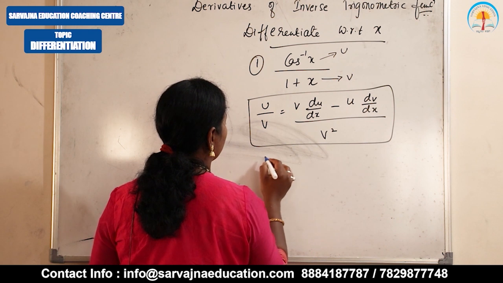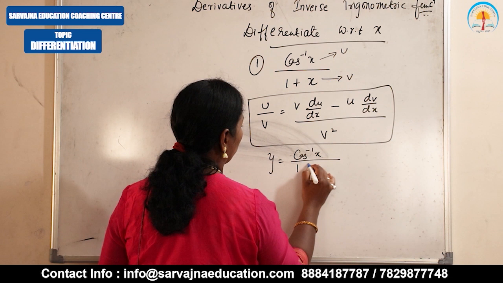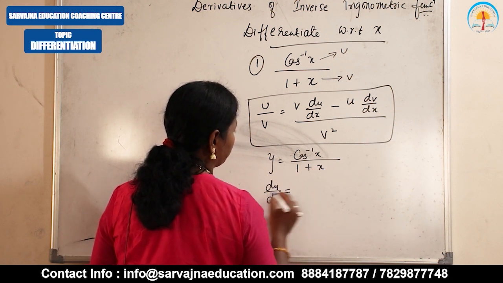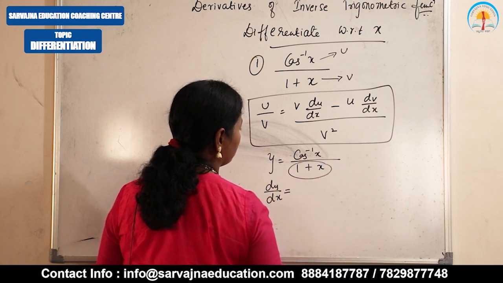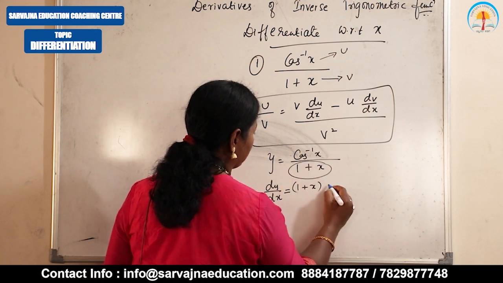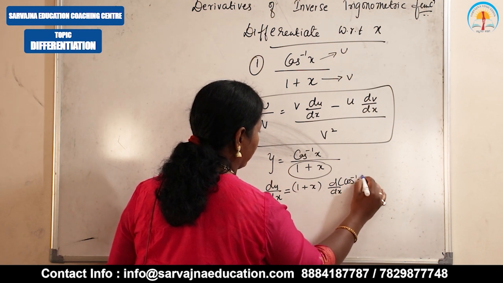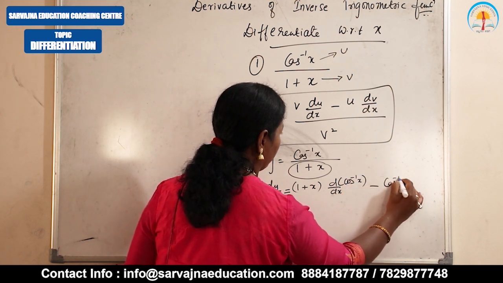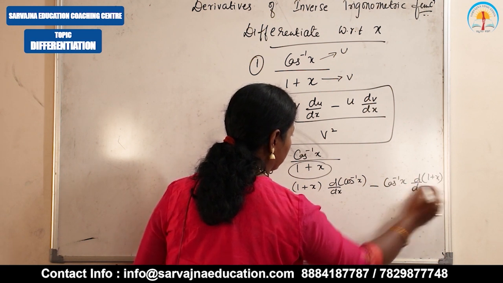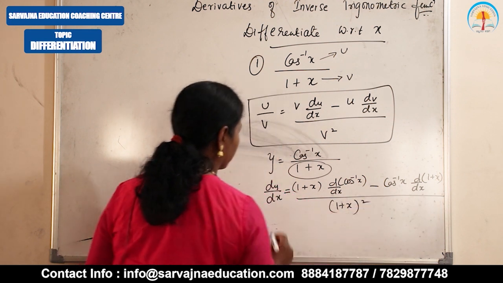So we have to first take it as y is equal to cos inverse x divided by 1 plus x. dy by dx is equal to, you have to write this in the numerator first, 1 plus x, put bracket, d by dx of cos inverse x, minus cos inverse x d by dx of 1 plus x, divided by 1 plus x whole square.